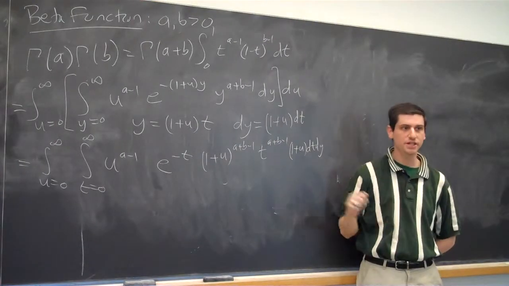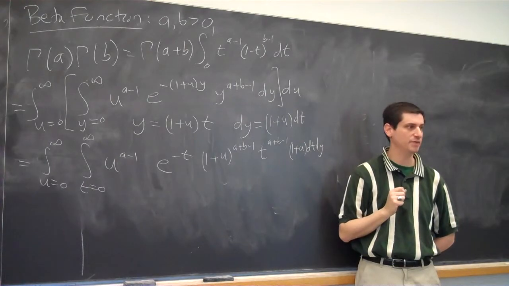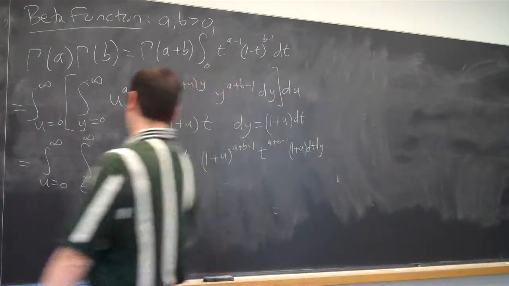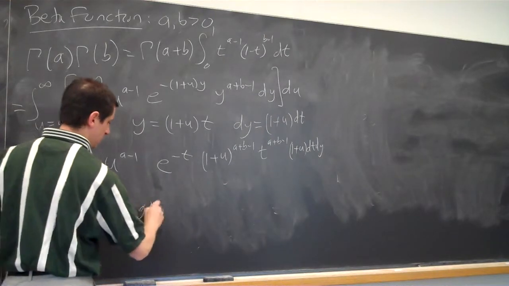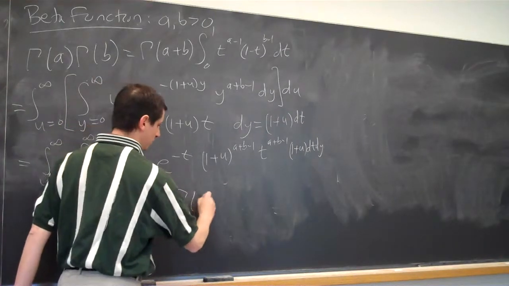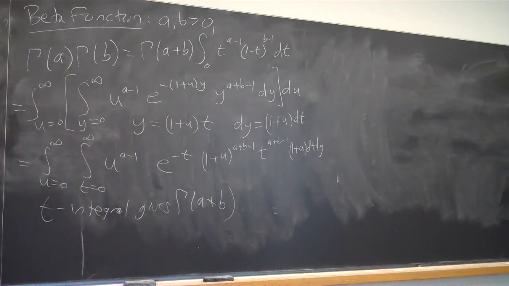And now what you can see is, when we pull everything out, the t integral is going to just be gamma of a plus b. So the t integral gives gamma of a plus b. And so I'm not going to finish the rest of the calculation. The rest of the calculation is in the notes that I'll send to you.